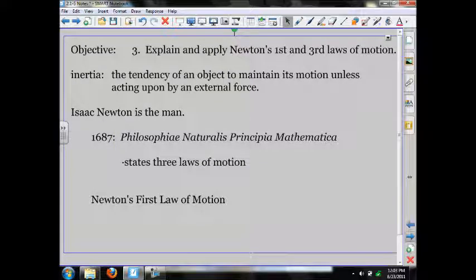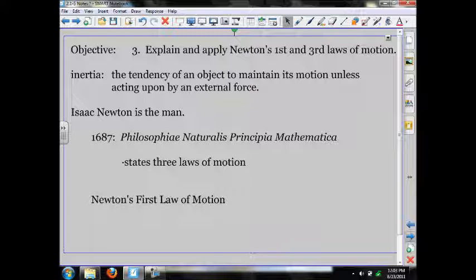Yeah, he wrote that book, which states his great laws of motion. Three laws of motion. I want to talk about laws numbers 1 and 3 today. The first law is also called the law of inertia.